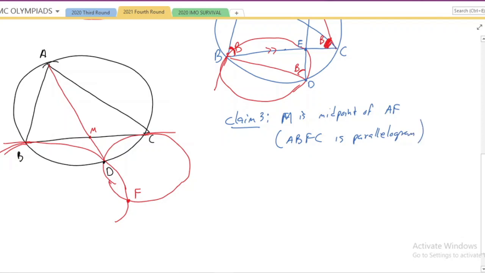So that's what we're going to show. And then once we've done that, then we know that the diagonals of parallelograms will bisect each other. So M will be both midpoints of BC and AF.